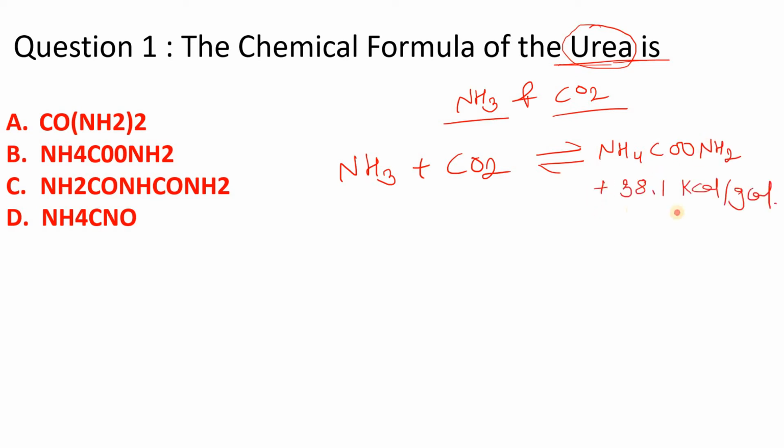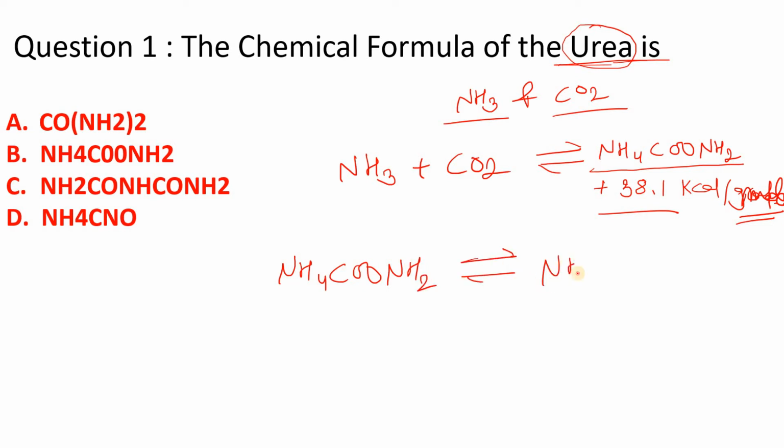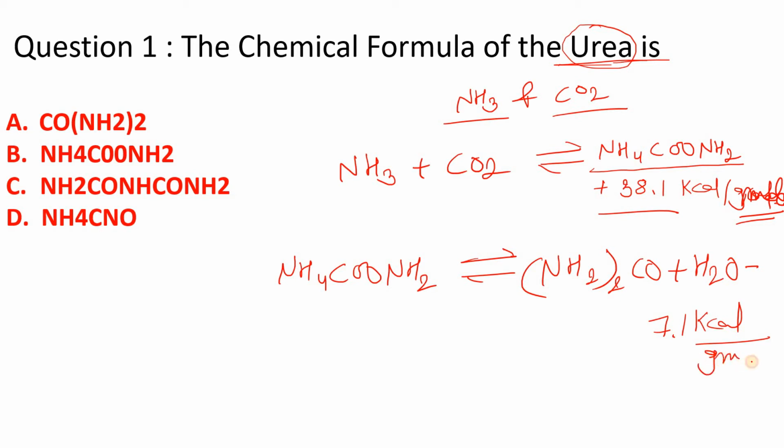This is an exothermic reaction, where 38.1 kilocalorie per gram mole of energy is released. After that, when this ammonium carbamate dehydrates, it converts into (NH2)2CO plus water, with minus 7.1 kilocalorie per gram mole, right?